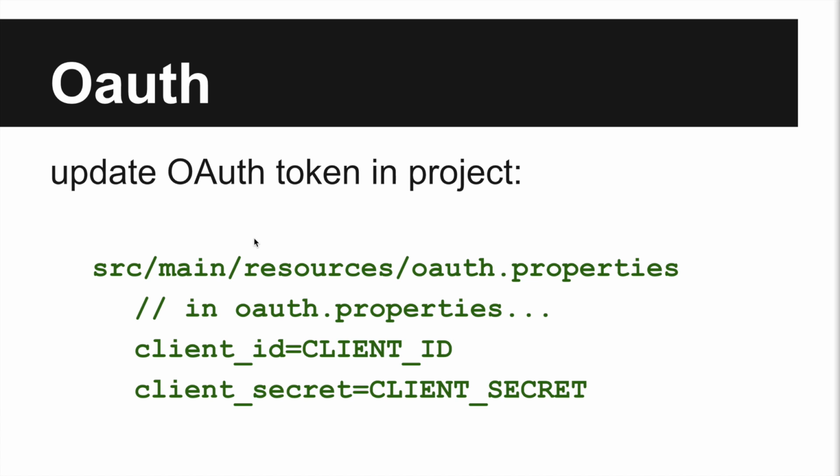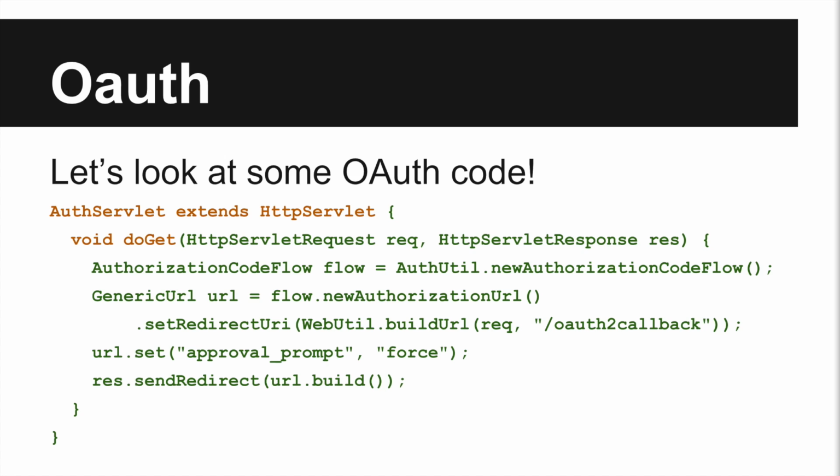Okay, so now that I've explained at a high level how the OAuth dance works, let's look at some code. So here's the GET request that's being handled on the server side. This is like an initial GET where the user is unauthenticated, and we're going to say, okay, you now have to go be authenticated.